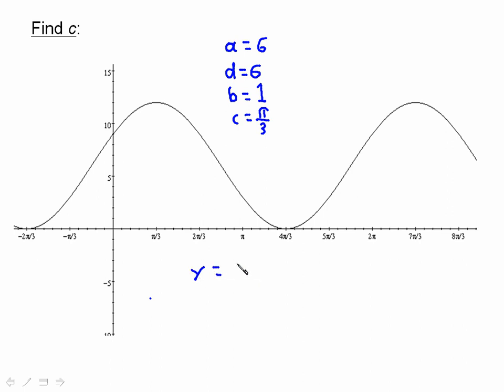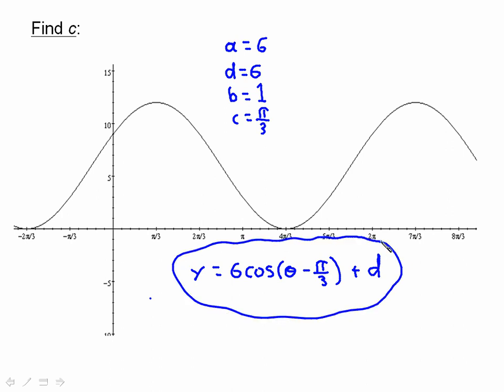Y is equal to 6 cosine. I'm not going to bother with the B value. I'll just go theta minus pi over 3 and then plus D. So that's how these work. D, A, B, C.